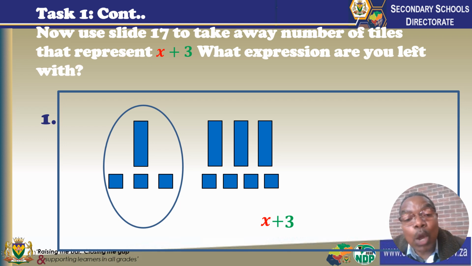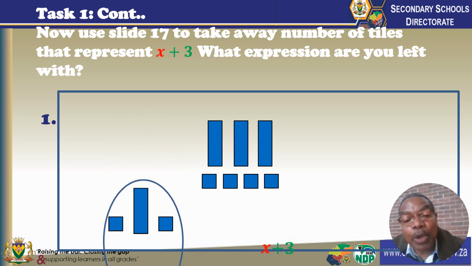So in this case, our original algebraic tiles were 1, 2, 3, 4, 4x plus 1, 2, 3, 4, 5, 6, 6. Now we must take away the x, which is this one. Then we must also take away 3, which is 1, 2, 3. When we take away, what are we left with?